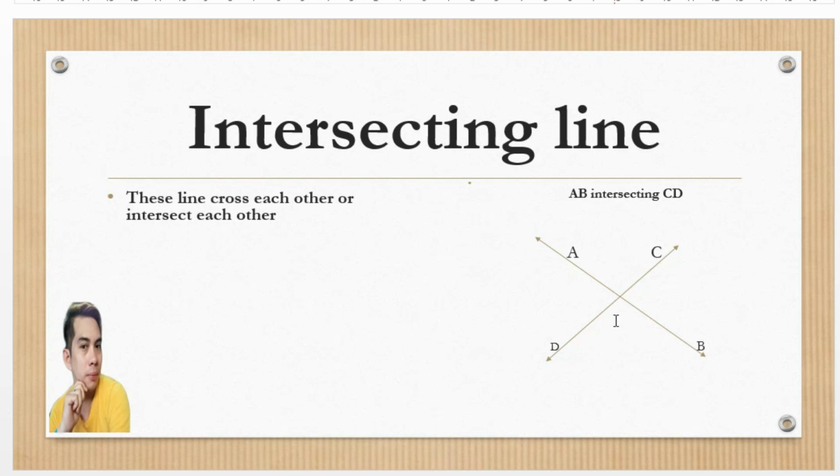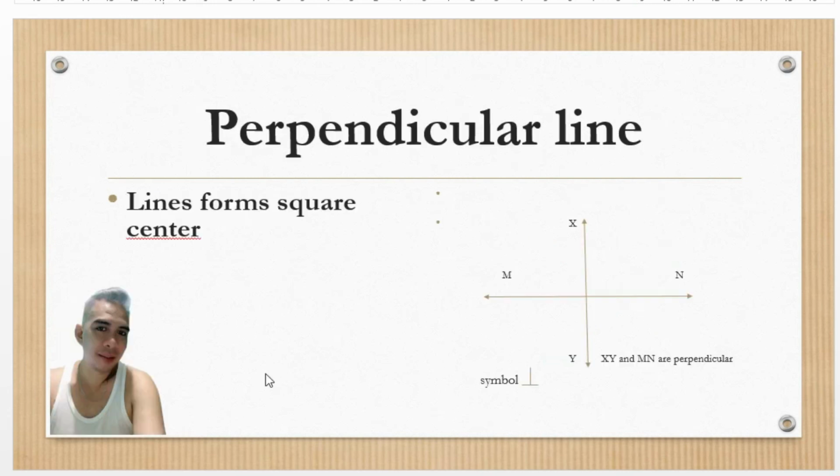Sa intersecting line, although nag-cross po sila o nag-meet to each other, pero hindi po tayo maka-form ng square sa gitna. So, kapag hindi po tayo maka-form ng square sa gitna, kahit nag-meet po sila o nag-intersect sila, ang tawag po doon is intersecting lines. So, unlike the perpendicular, kahit po nagtagpo silang dalawa, pero makapag-form po tayo ng square dyan sa gitna. So, dito po sa intersecting, hindi po.